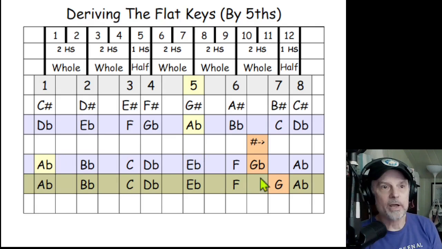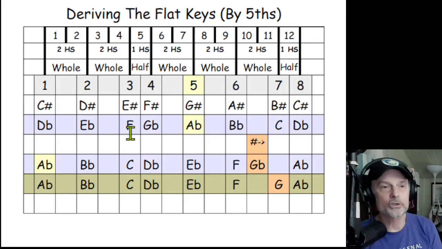When we write down A flat, our 7th is G flat, which we raise to a G. D flat has 5 flats, so it has 2 natural notes. A flat has 4 flats, so it has 3 natural notes: an F, a C, and a G.